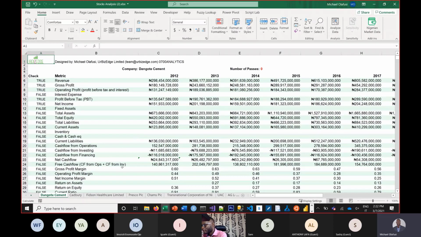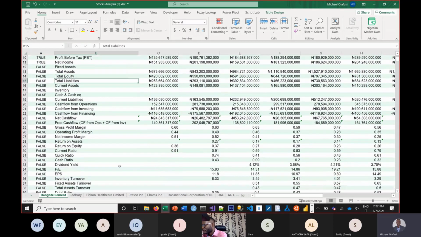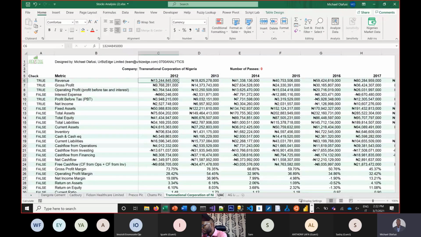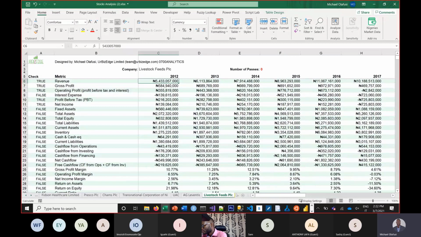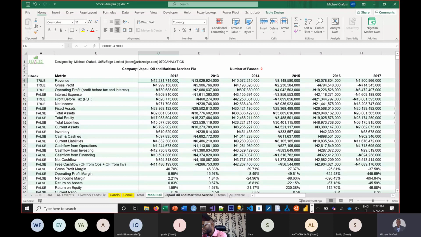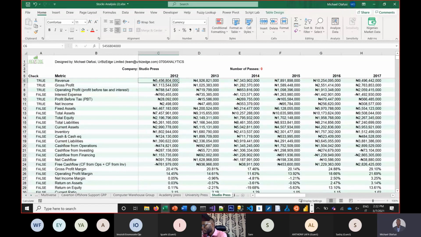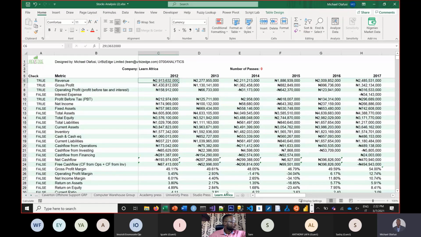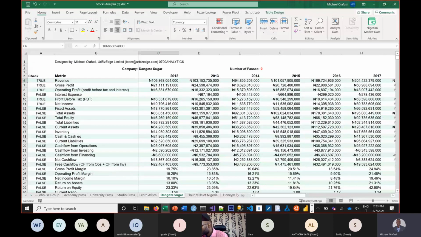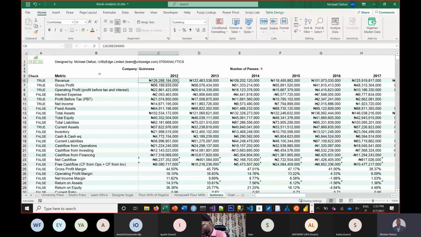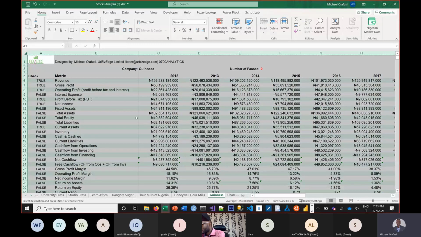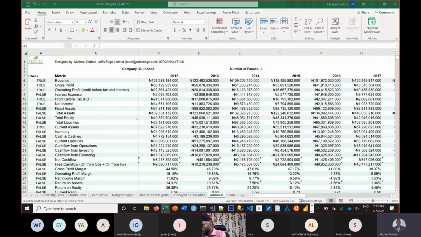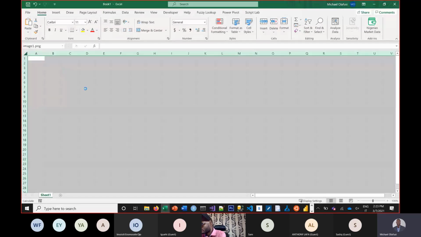Great. So Guinness and Nigerian Breweries. Let's look for Guinness. Okay, so this is Guinness. I'm just going to quickly grab the data, paste.